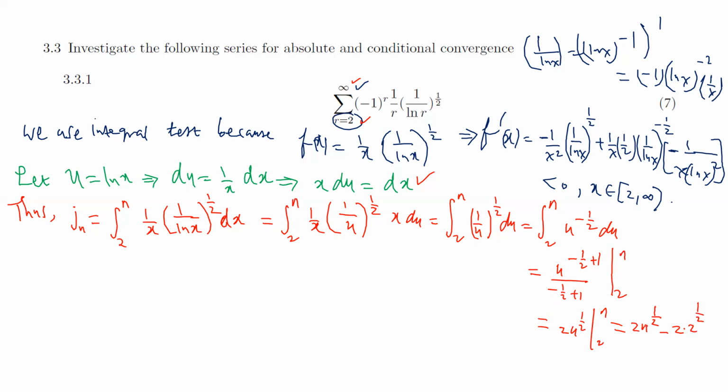So you can look at this as exactly 2 times the square root of n minus 2 times the square root of 2.